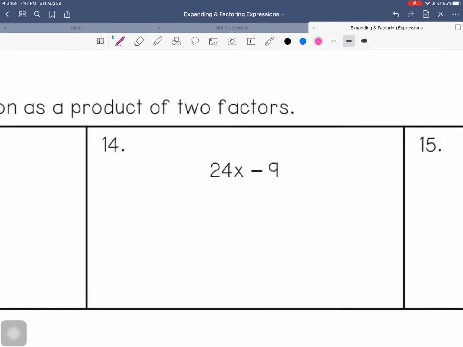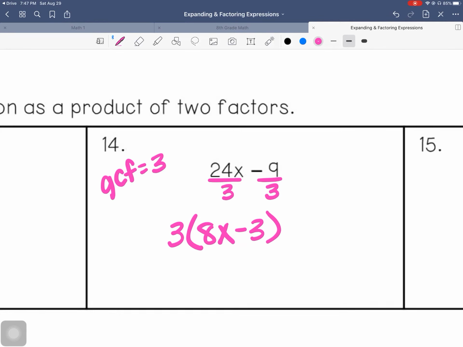My greatest common factor here is 3. I divide both terms by 3, I am left with 8x minus 3. To check yourself, you can do the distributive property in your head and see if you come up with the original expression.